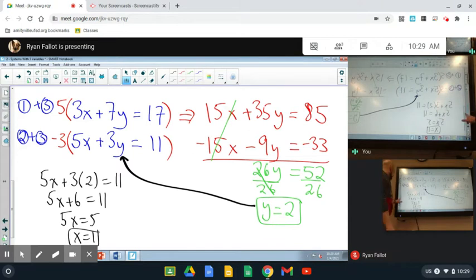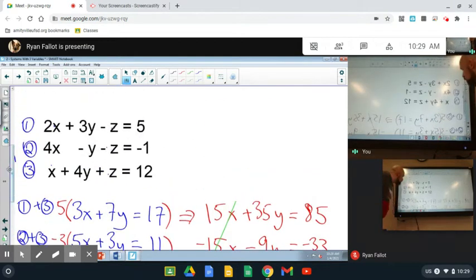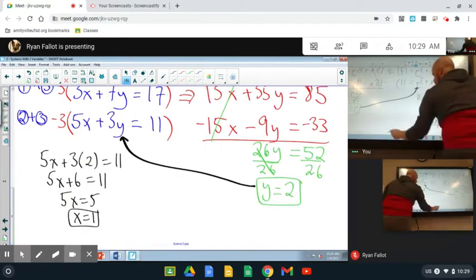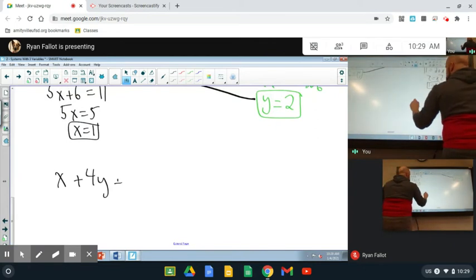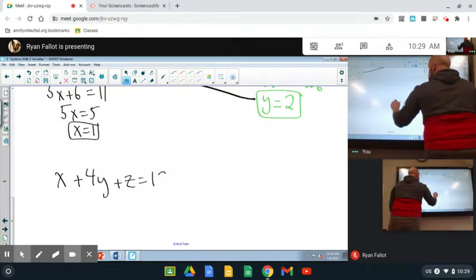Now we go back to one of the original equations and we solve for z. So it doesn't matter which one we choose. I'll choose 3 because we have x plus 4y plus z is equal to 12.